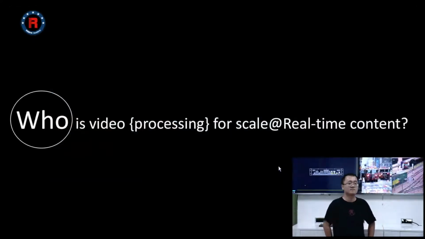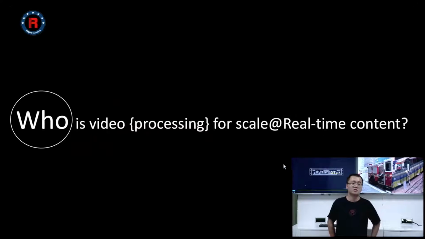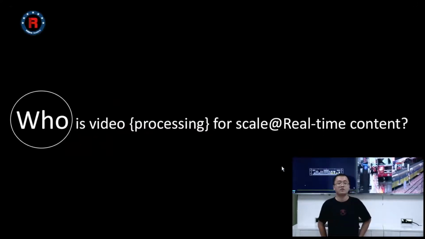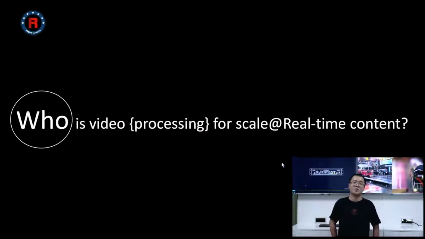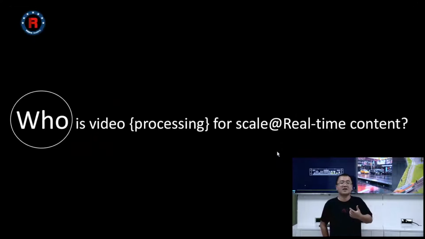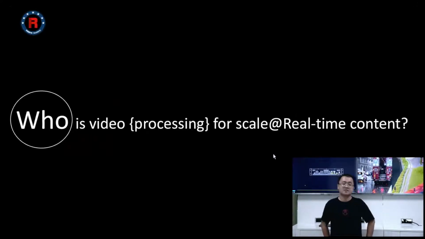The next question is also who: who is the real-time content transmitted for? Will it be shown to the audience on the field? I believe the answer is no, because the audience on the field watches the game or live event with their own eyes.